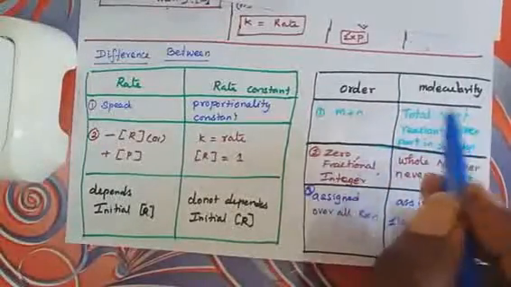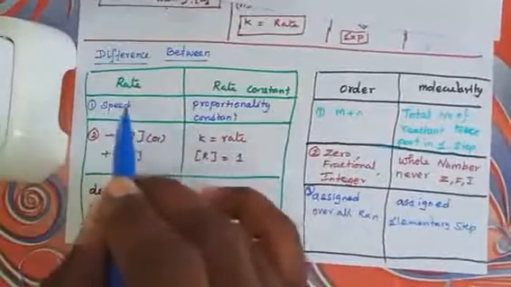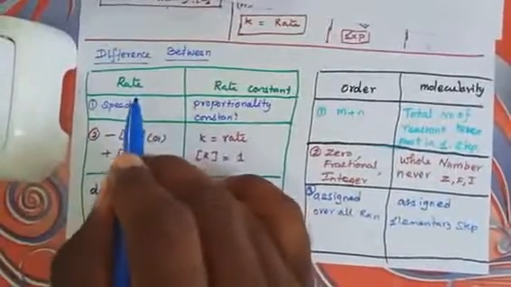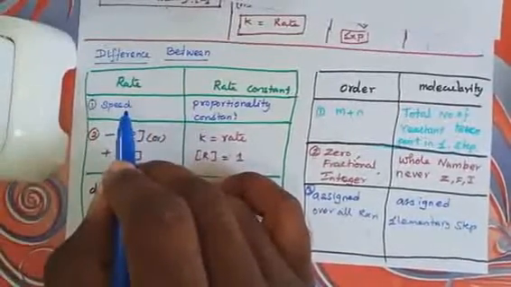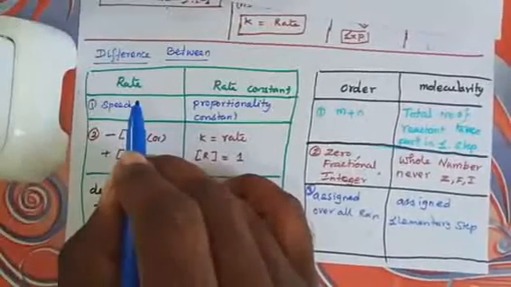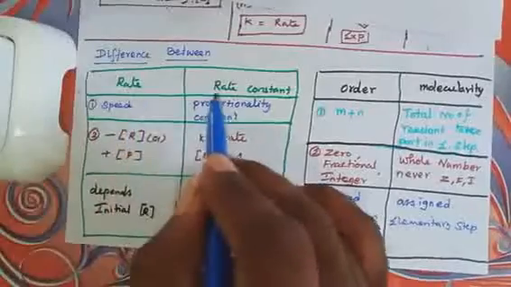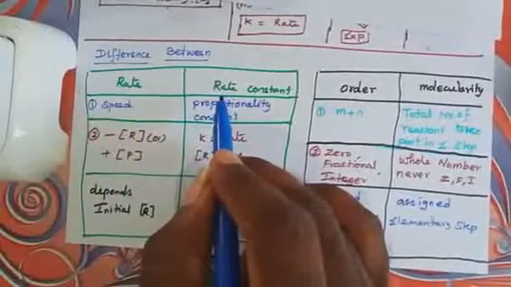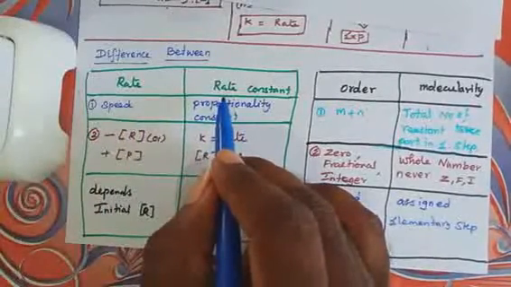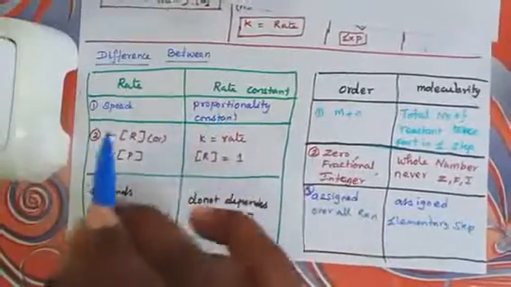First, we discuss the difference between rate and rate constant. Rate represents the speed at which the reactants are converted into products at any instant. But the rate constant is a proportionality constant.